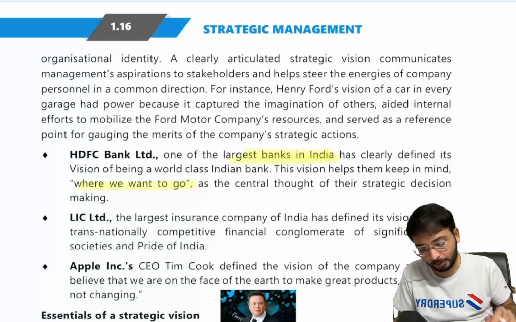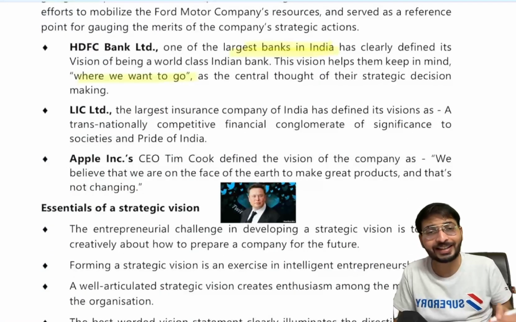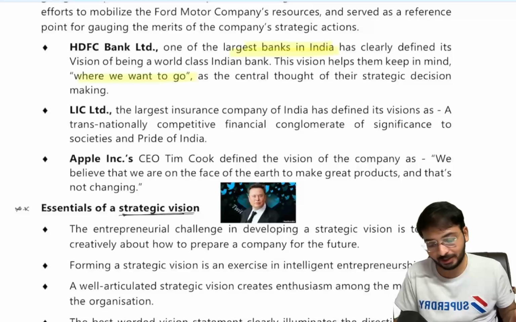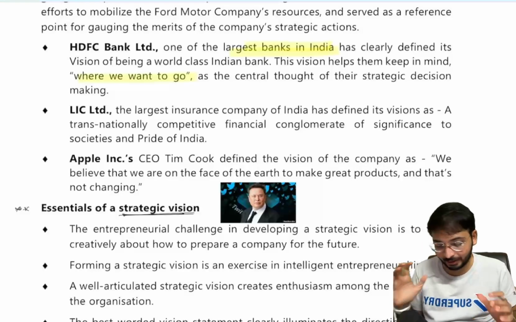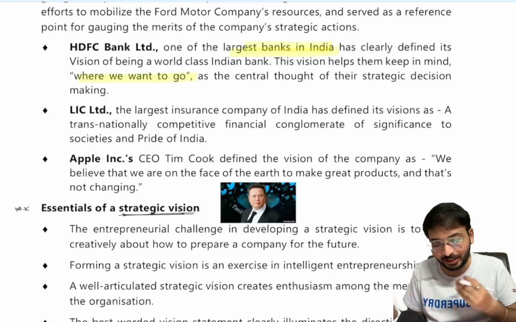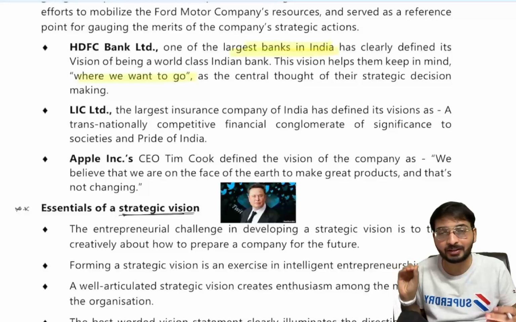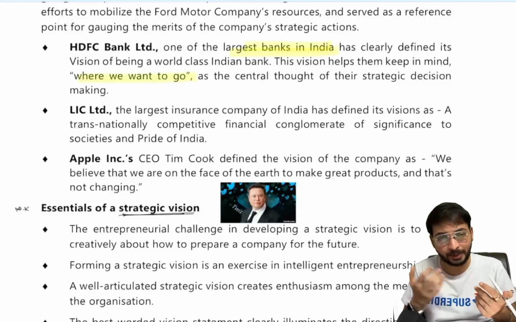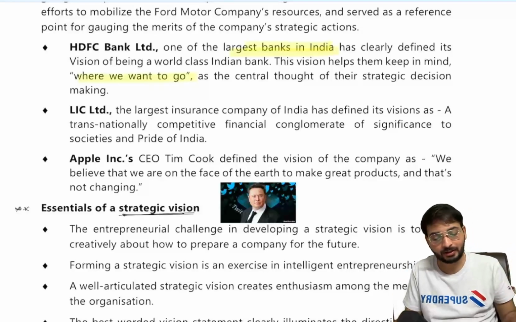Now, one of the important questions: what are the essentials of strategic vision? To form a vision, what are the essential factors you need to have to form a strategic vision? Always, guys, whenever I hear the term vision, Elon Musk's face flashes into my mind, be it acquiring Twitter, the Cybertruck, or Starlink.